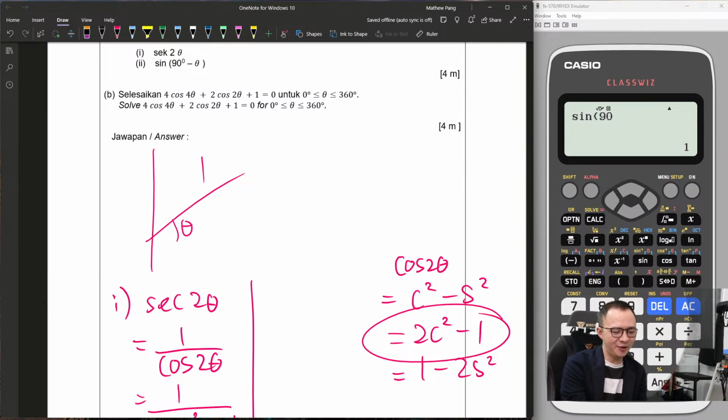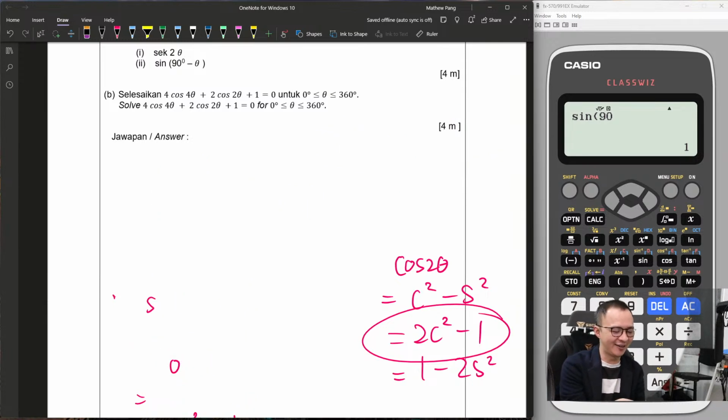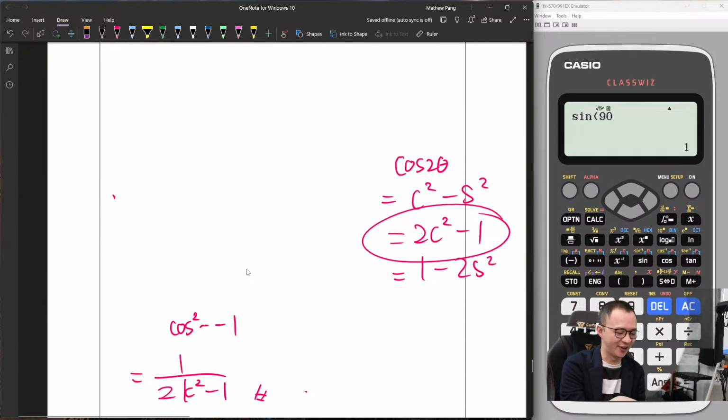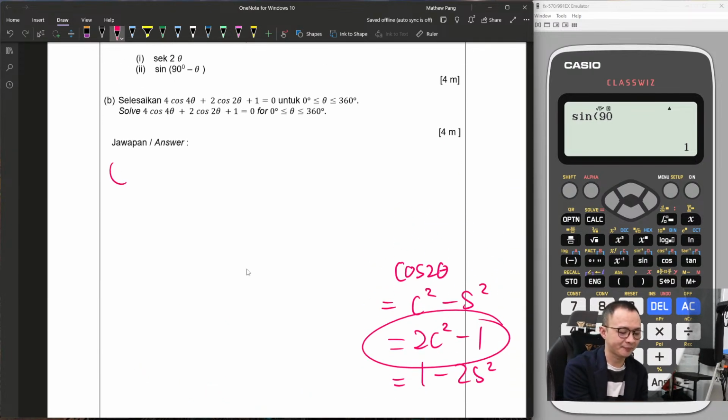Okay, part B, you can see you have some 4 theta, right? Yeah, they're just trying to make it sound very difficult. But for me, it's the same thing. So I will not going to write 4 theta because we don't have any formula for 4 theta. Even you see 4 theta, there's no point, right? So I just will say cos 2 of 2 theta, then plus 2 cos 2 theta plus 1 equals 0.